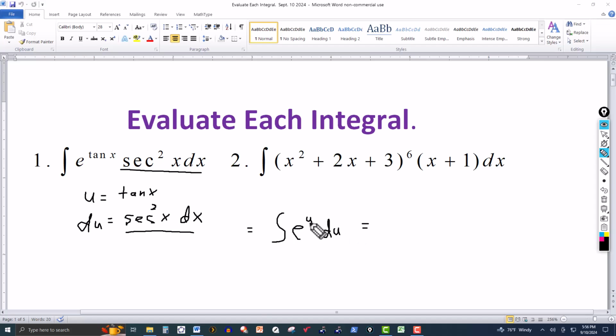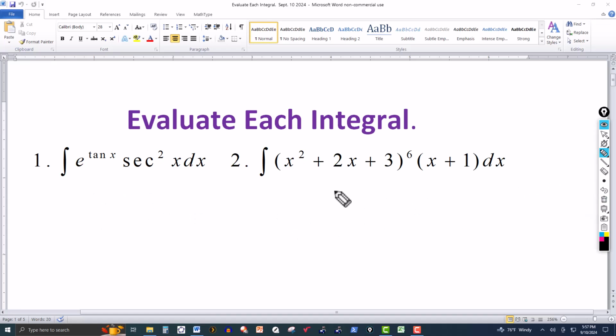Well, if you have e to the u du, it's just going to be e to the u. But you have to go back to the original variable. So instead of e to the u, I'm going to put e to the tangent of x plus the constant of integration. So we get e to the power tangent of x plus c. That takes care of that one.